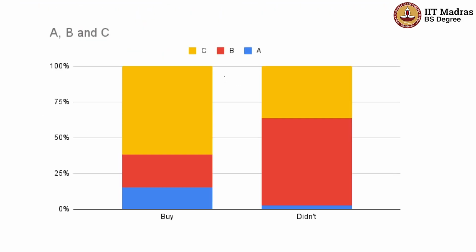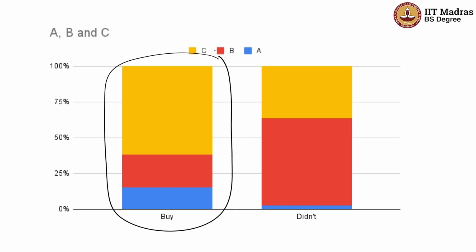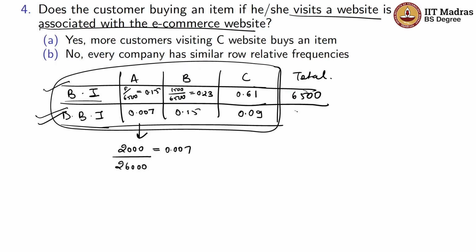If we look into this graph, we can see that the column of C is much greater than both of B and A. So we can see that more customers visited website C to buy an item.